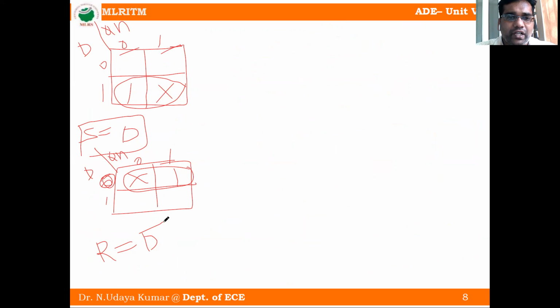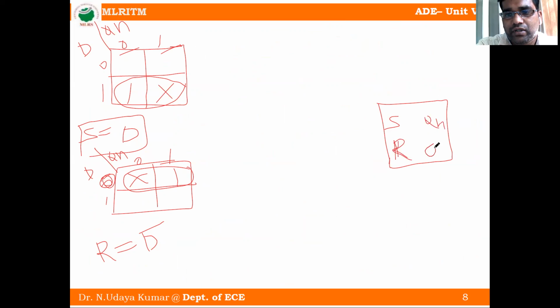That means the available flip-flop is SR. Now we will draw the SR flip-flop here. S and R, present state and present state complement. One clock will always be there.